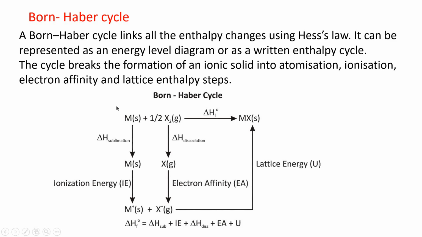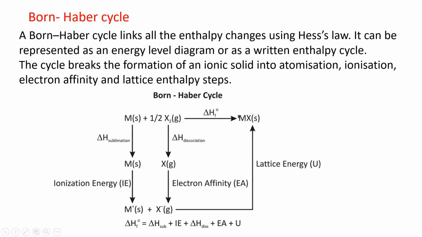So Born-Haber cycle, already I told you that it involves the formation of 1 mole of the ionic solid in the standard state. And it relies on Hess's law. What is Hess's law? That is, enthalpy change of the reaction is independent of the path.